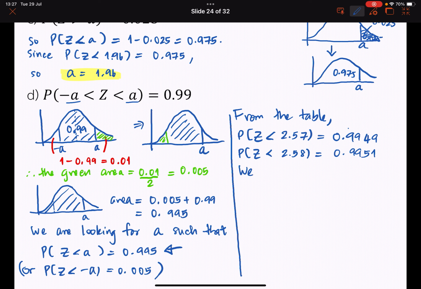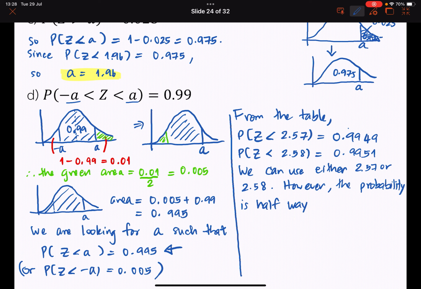However, since 0.995 is midway between these two values, it's not bad to find the halfway between them.